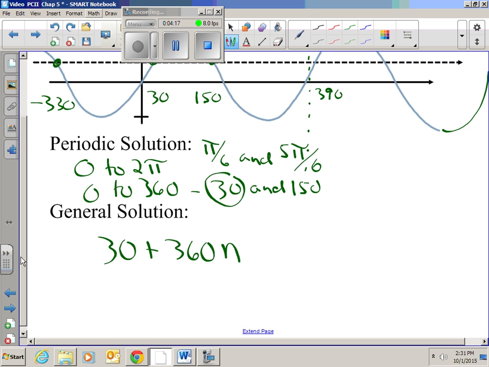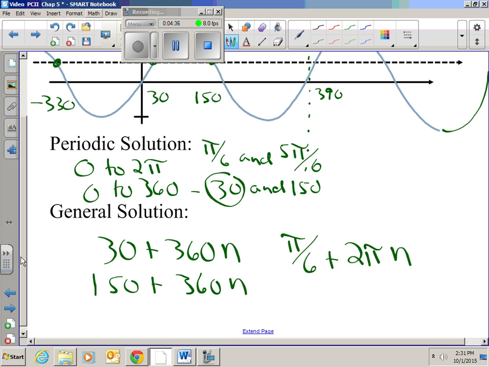So this would be the first general solution. The second one would be 150 plus 360n. Those are my two answers in degrees. If I wanted to write the same two answers in radians, I'd write pi over 6 plus 2 pi n, because 2 pi is my period, or 5 pi over 6 plus 2 pi n. There are my two general solutions.